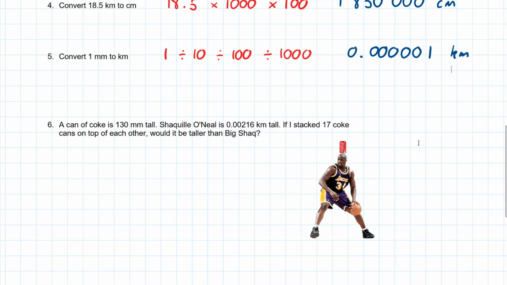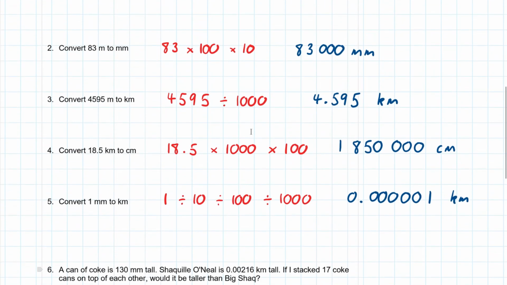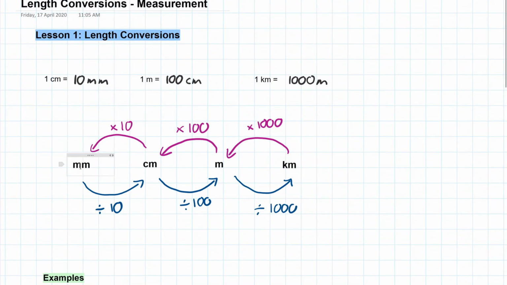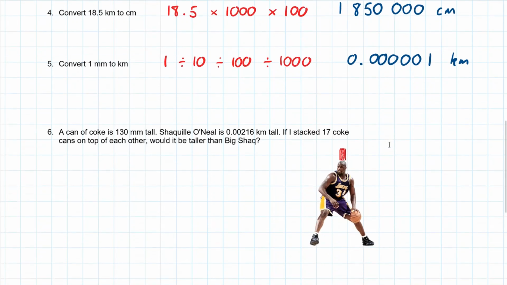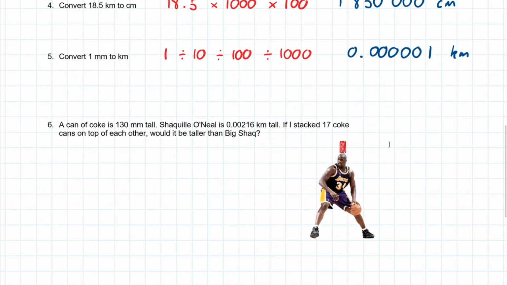Okay, so the reason this question is kind of confusing is because everything's in different units. Alright, so the first thing we're going to do to handle this is we're going to try and write 130 millimeters and 0.00216 kilometers in the same units. Let's pick something in the middle. Let's go with centimeters. Okay, so we're going to write 130 millimeters in centimeters.